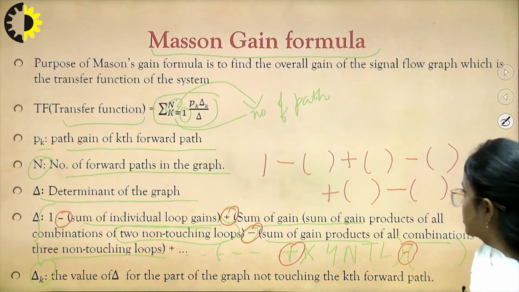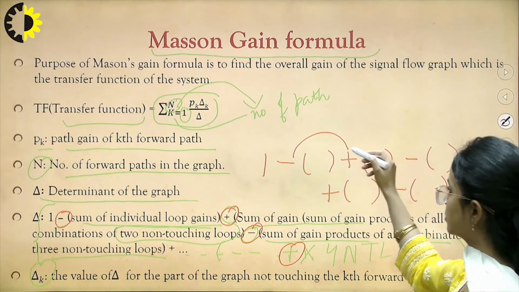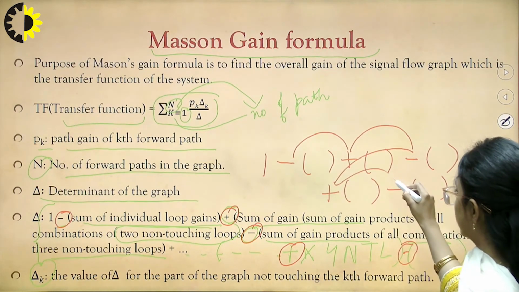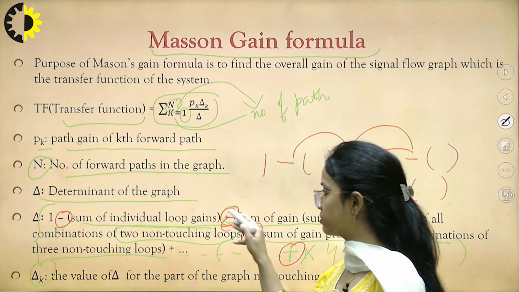So it goes alternately, starting from minus, minus to plus, plus to minus, then again minus to plus, then again plus to minus. This particular formula will have this pattern.